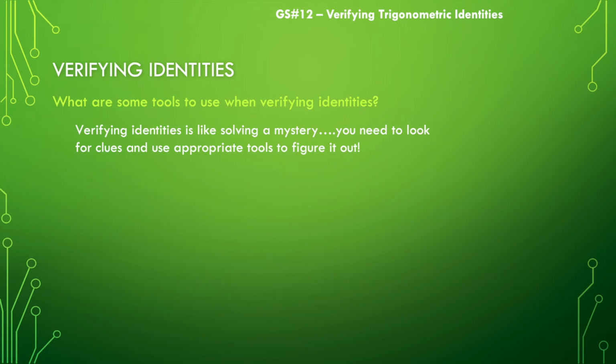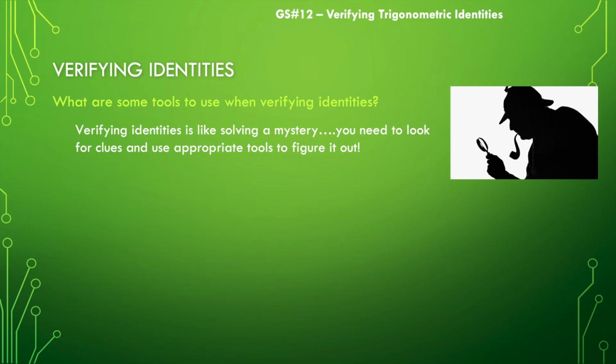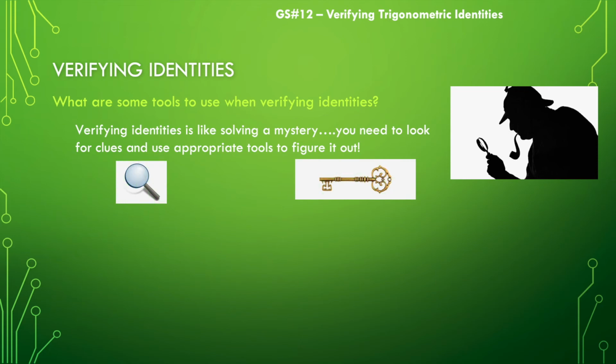When we're verifying identities, what tools do we have to work with? Well, verifying identities is a lot like solving a mystery. You want to look for clues and then use the appropriate tools to figure out that mystery. So what clues might we look for?